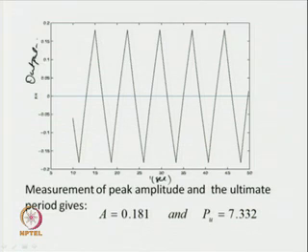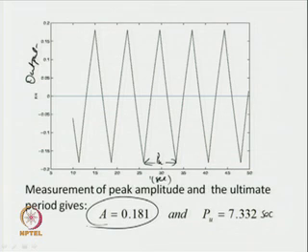Now, we can make measurements. The period of the limit cycle output upon measurement gives us Pu to be 7.332 seconds. Similarly, the peak amplitude is found to be of magnitude 0.181.